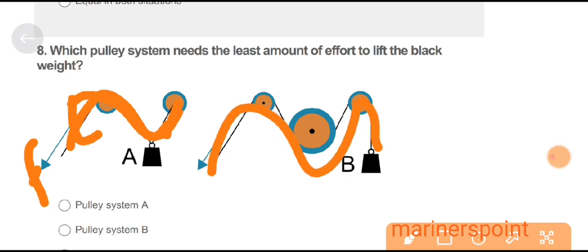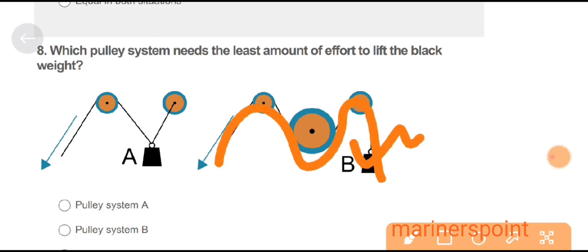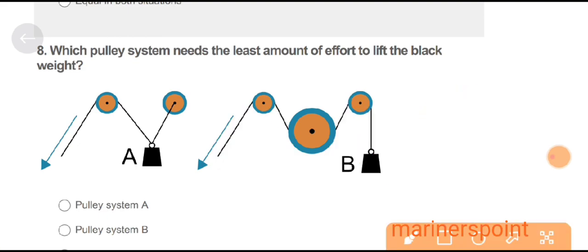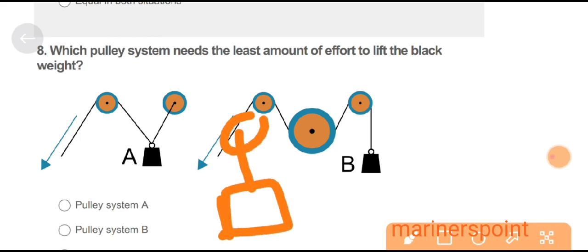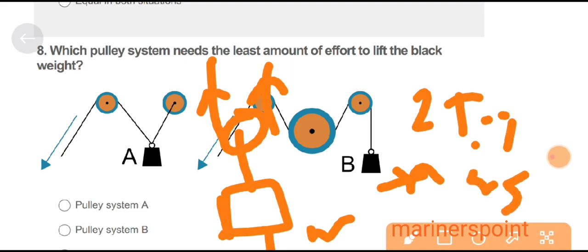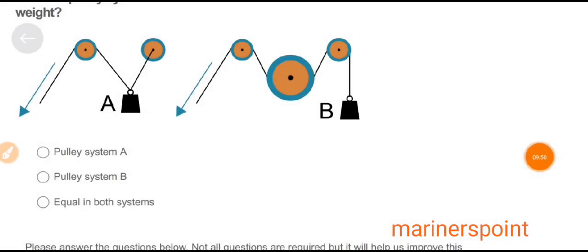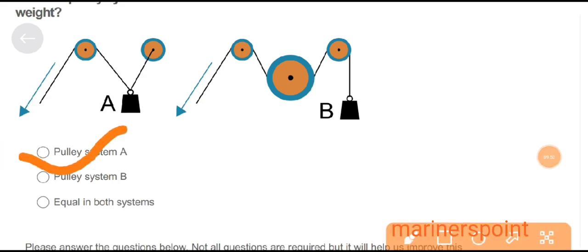For the same condition the force is the same. Now in this condition the force is F, but in this condition the arrangement is like this. Pulley here T, that means 2T equals mg, T equals mg by 2. So the least amount of force will be in pulley system A. So the right answer will be A.